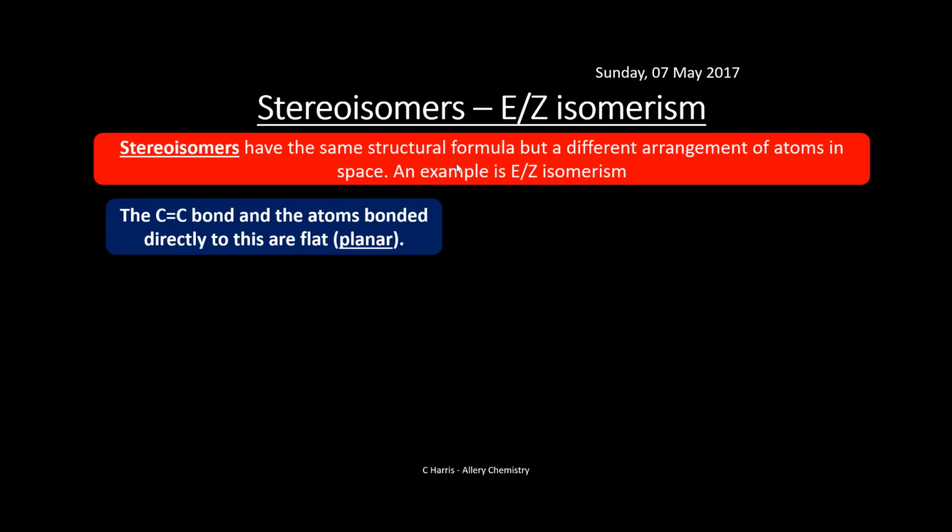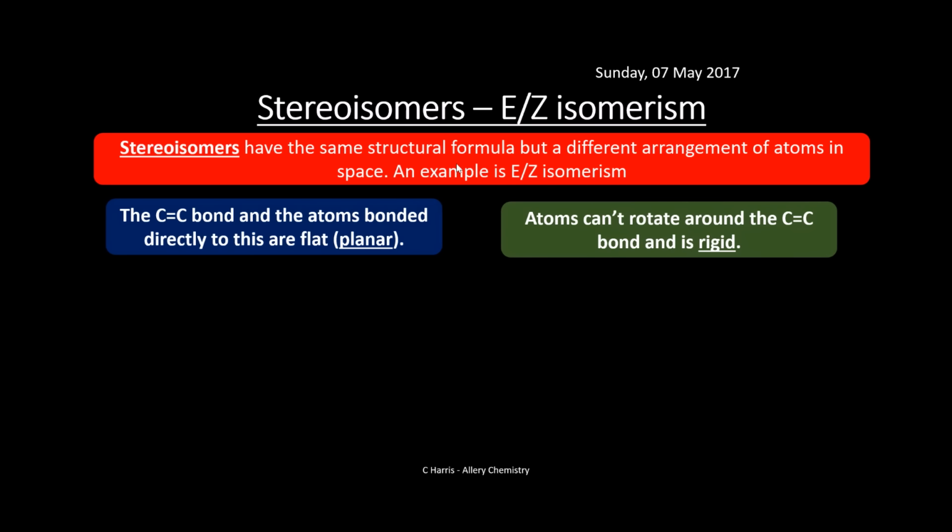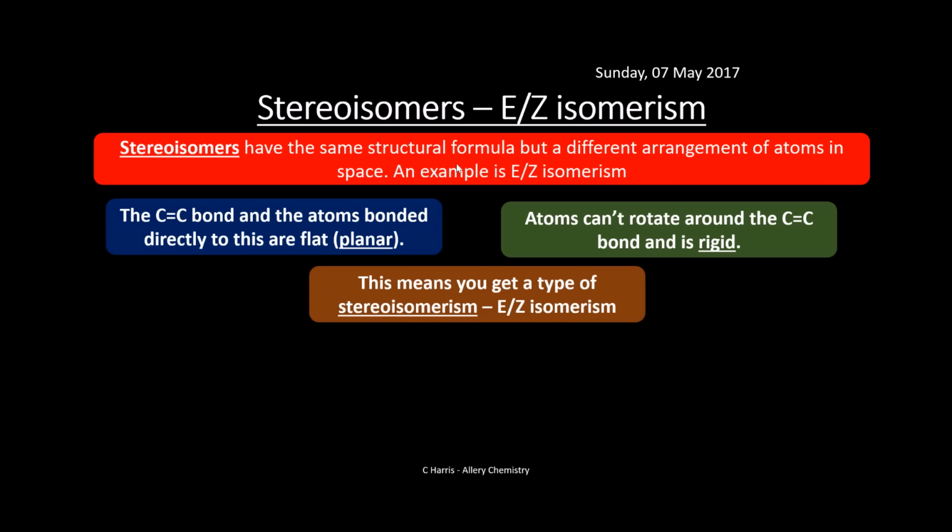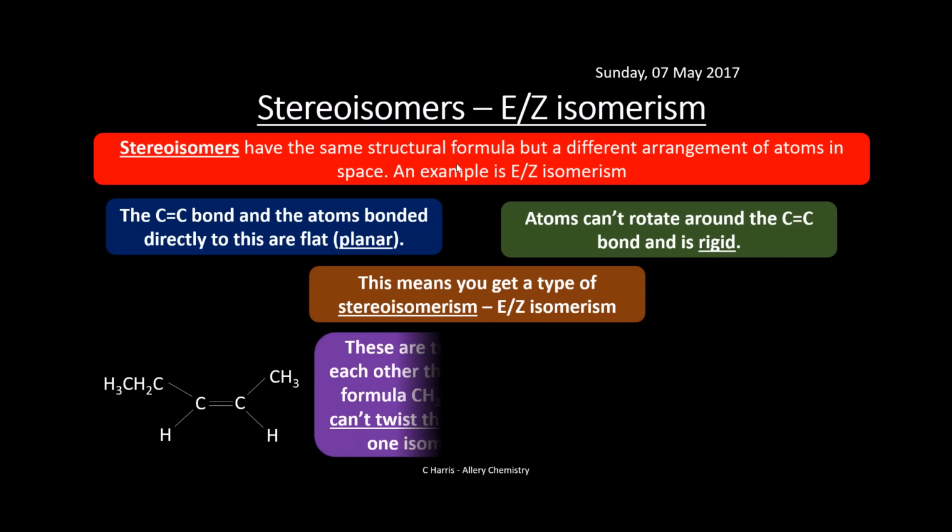So we've got a C=C double bond. When you're looking at EZ, we're looking for alkenes, and the atoms bonded directly to the double bond are flat, planar. The atoms can't rotate around this bond because it's rigid, it can't move.